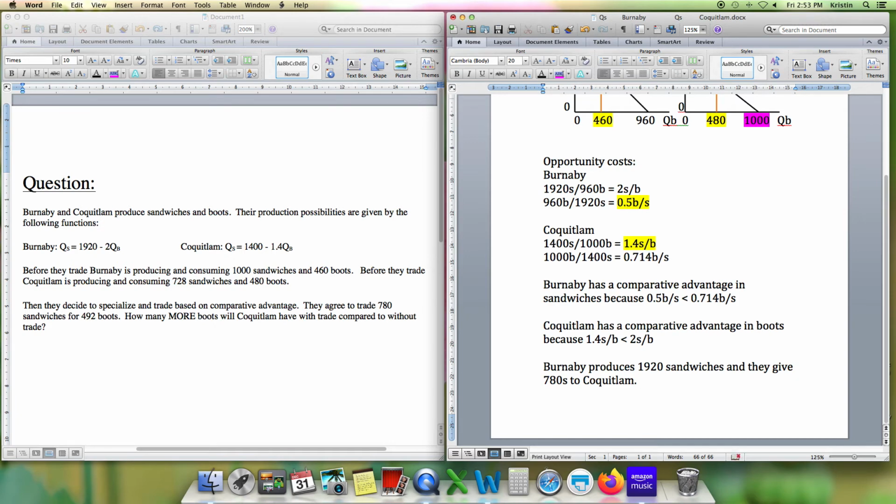How many sandwiches will they have left? So now we have to subtract. They produced 1,920, they give away 780, equals, how many do they have left? So they have 1,140 sandwiches left.